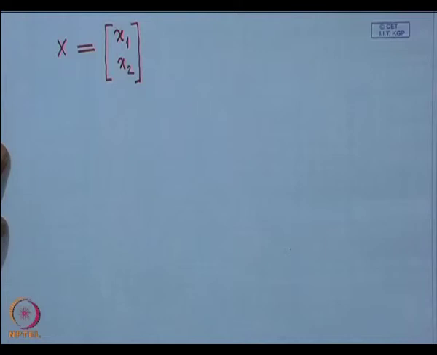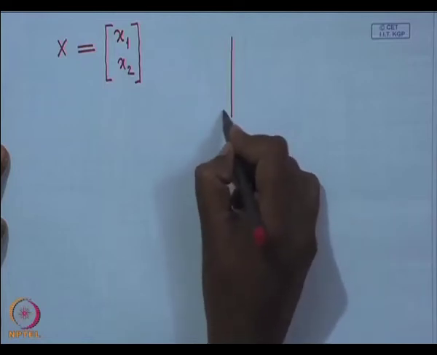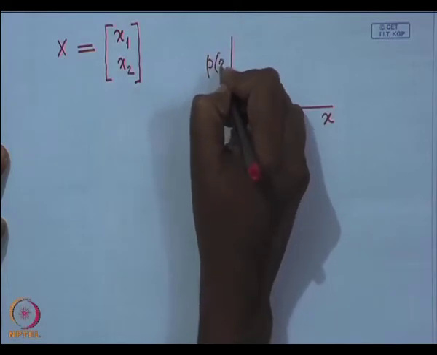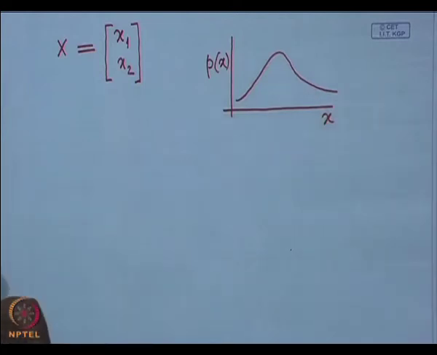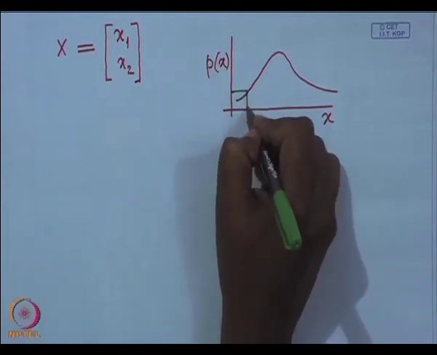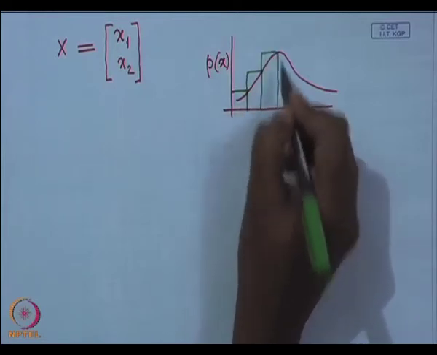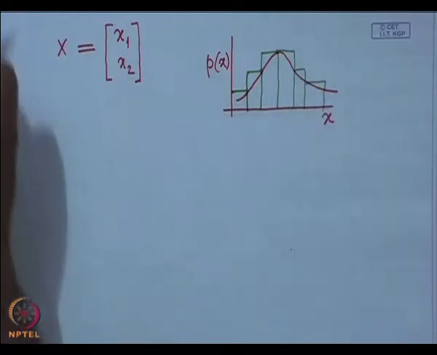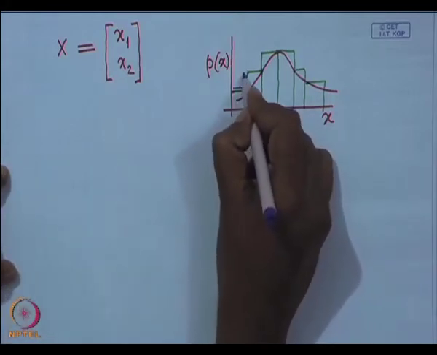Now, find that unlike in the case of one dimension, where this probability density function was a curve, so this was my x, this was my p x. If I go for continuous probability density, I get a curve something like this, and if I go for this approximation, I have a piecewise constant approximation of this probability density estimate, which is something like this, and so on, where effectively my probability density curve is this one.